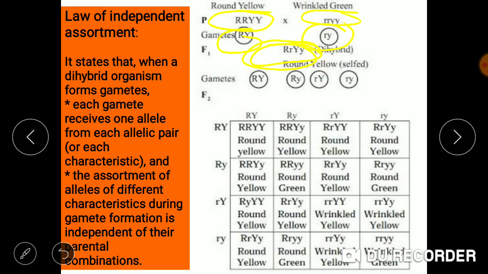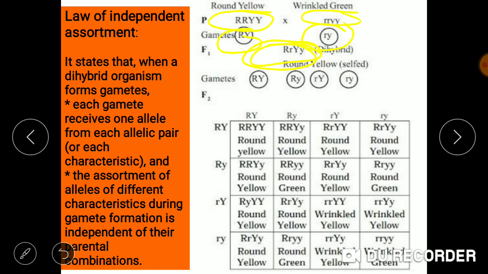If we have to find the phenotype, the phenotypic appearance is round and yellow. Since capital R and capital Y are dominant and represent round yellow, the F1 generation will be round yellow, as the capital R and capital Y dominate over the recessive small r and small y.